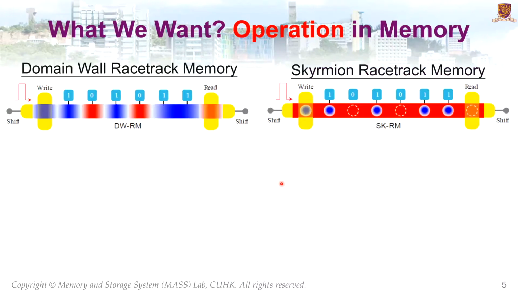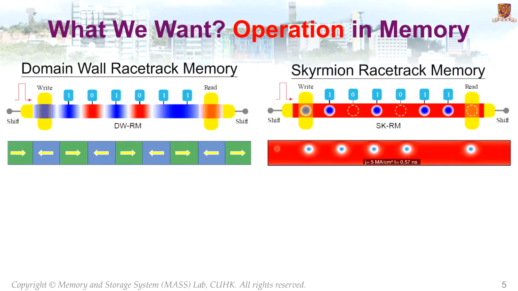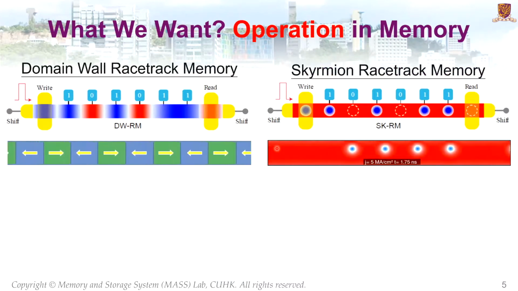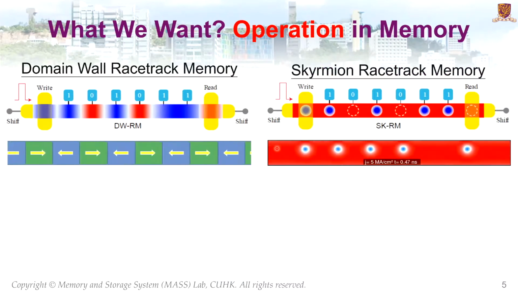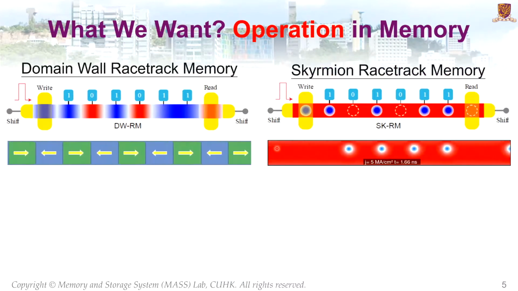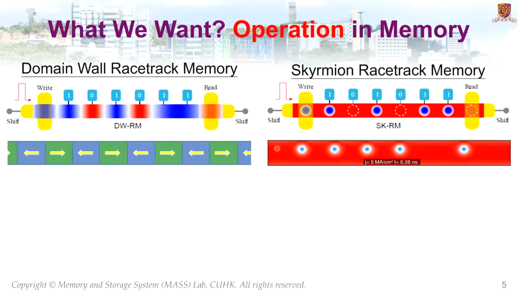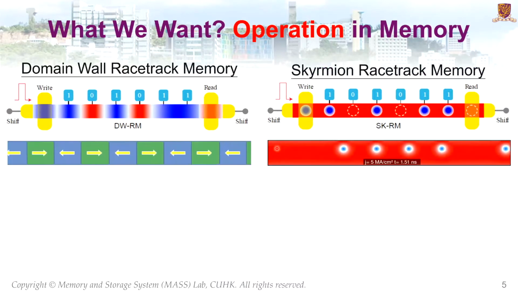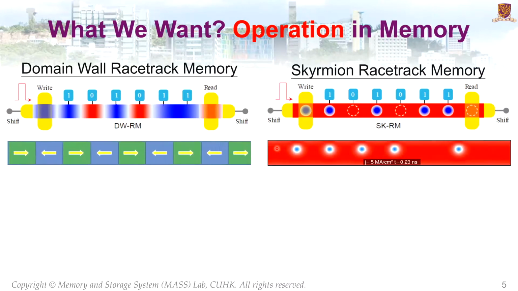Another thing is that with the emerging racetrack memory, we can even do operations in memory. Here I show you two different types of racetrack memory. One is the domain wall memory, and the other is Skyrmion racetrack memory. As we can see in the figure below, they are quite different from existing SRAM or DRAM, which are mainly cell-based, that is, each bit of data is kept in a memory cell.